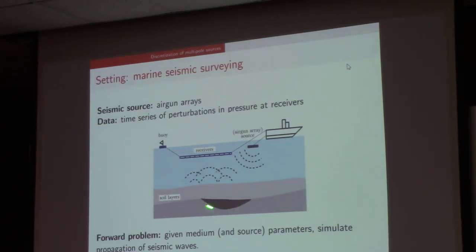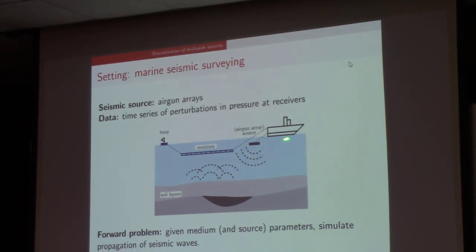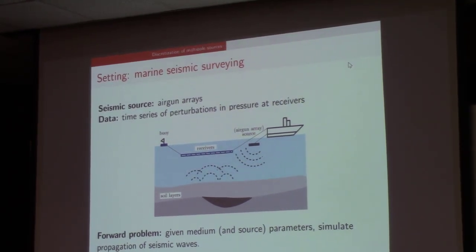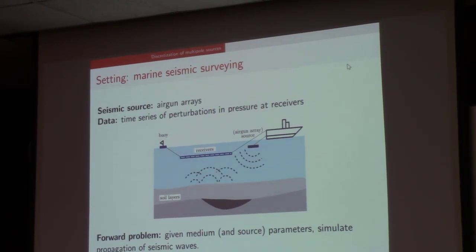I want to focus on this application. The setting here is a marine seismic survey. You have this boat that has an array of air guns. These air guns are essentially compressed air canisters that are released and effectively, it's kind of like an underwater explosion.